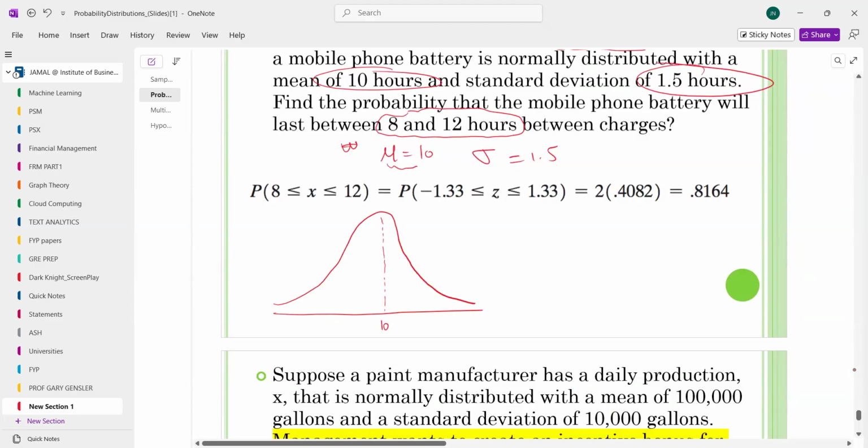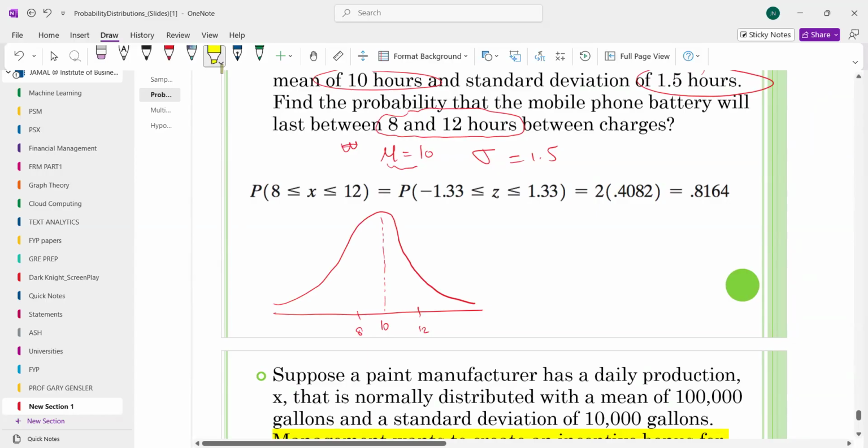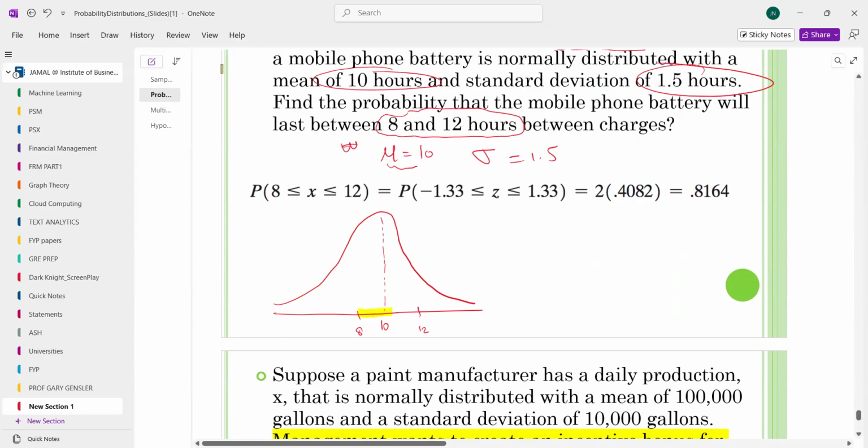so the 8 will be somewhere here and 12 will be somewhere here. And what I'm interested in is the battery health, or whatever my parameter of interest is, to lie between this range, right? I just need to find the probability of this range.